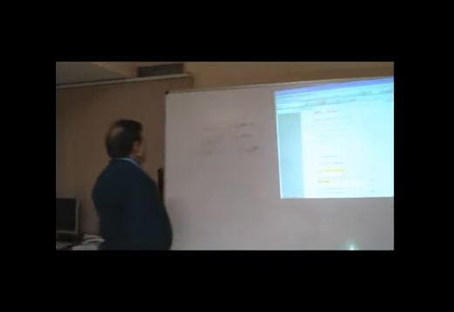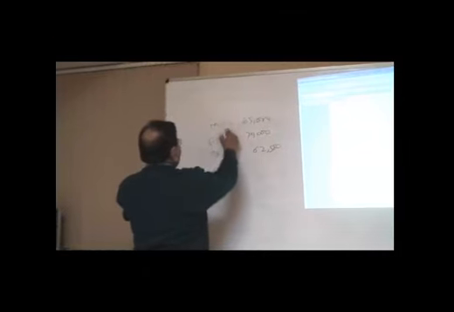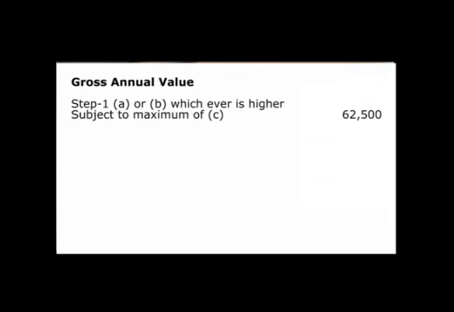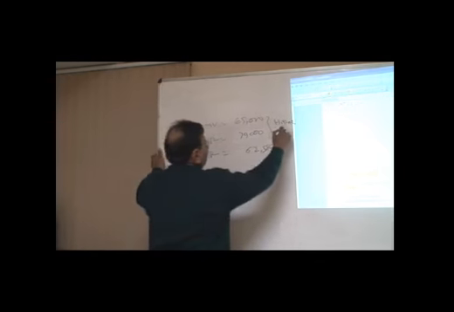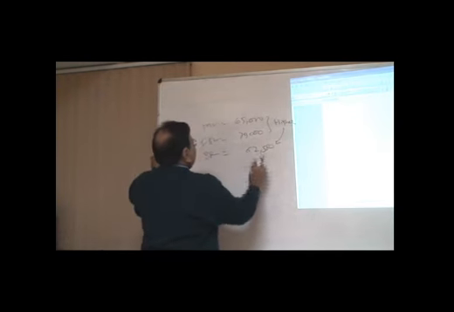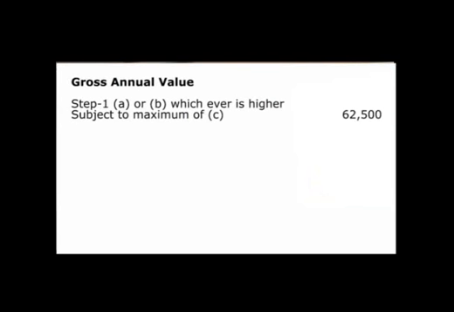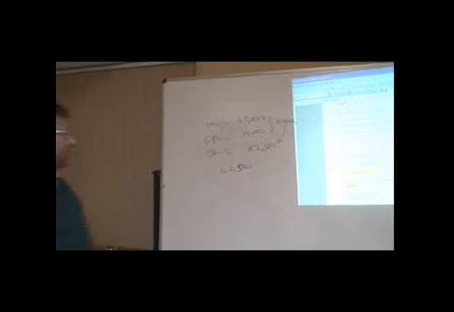As a rule, first of all, we will have to compare these two figures and take the higher of them. The higher of these two is 70,000. So 70,000 would be compared with standard rent, and we will take the lower of it to step number 2. It means 62,500 would be the expected rent in this case.